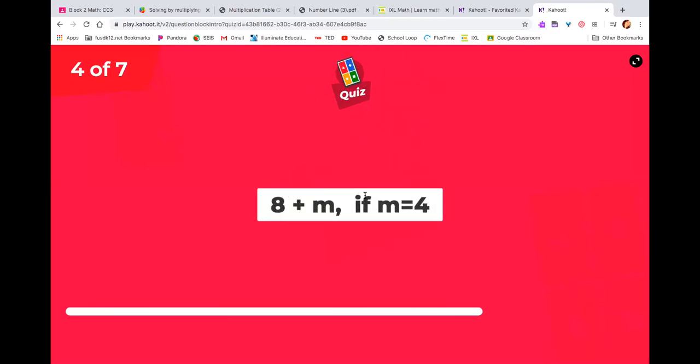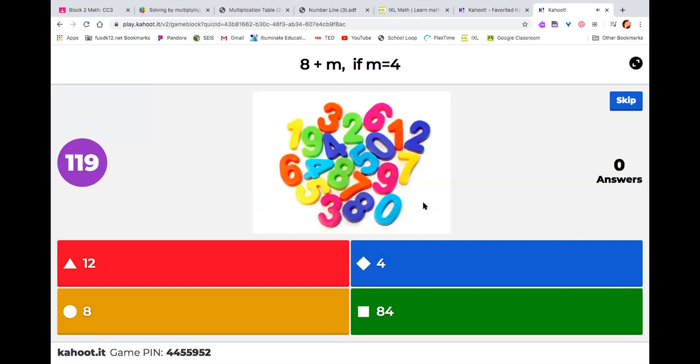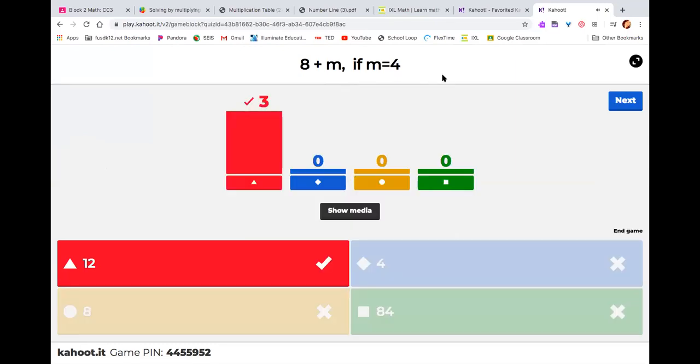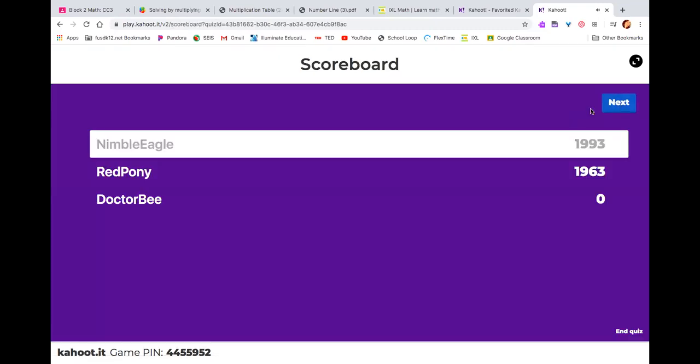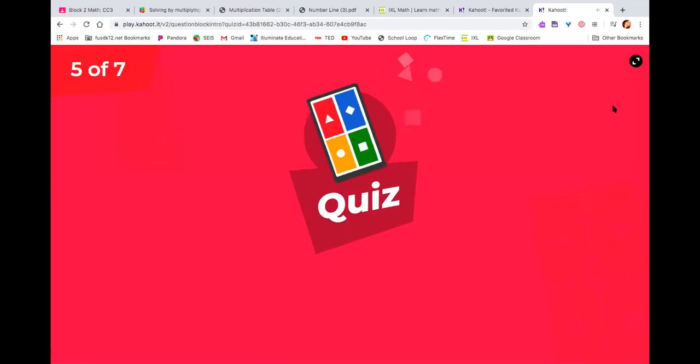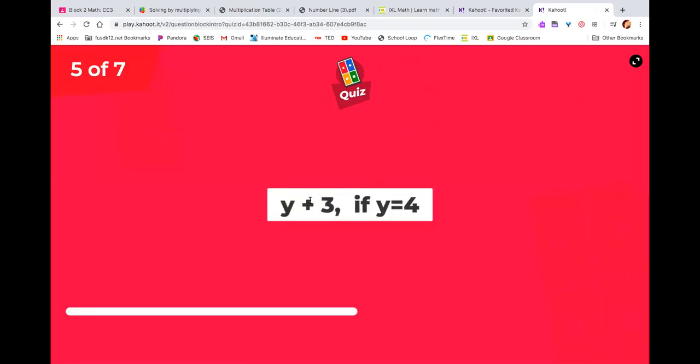Eight plus m if m is equal to 4. All right. There we go. y plus 3 if y is equal to 4.